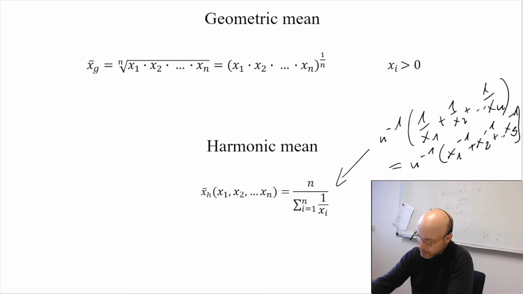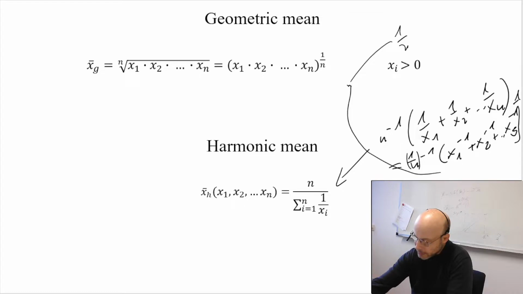And therefore we see this is more or less the same as the arithmetic mean, which was 1 over n, and this also to minus 1.